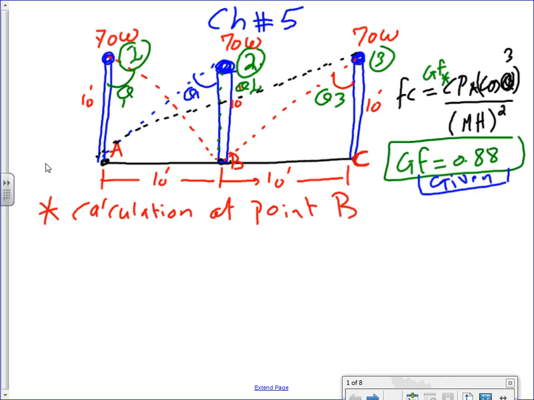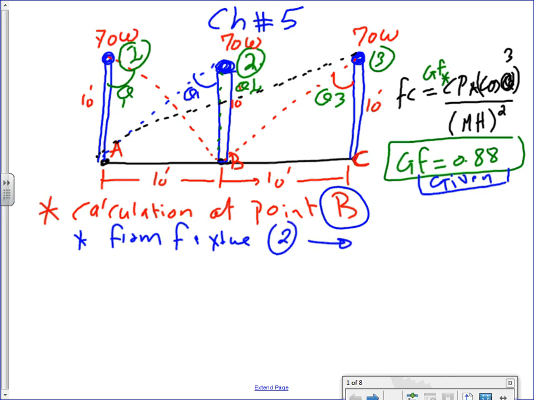Okay, good. So the way you're going to handle this one, I'm doing the calculation for point P. Everybody understand? So ignore C and A at this point. Let's do the first calculation from fixture number 2. From fixture number 2 to point P, the angle between 2 and P is what? Anybody can guess? 0.